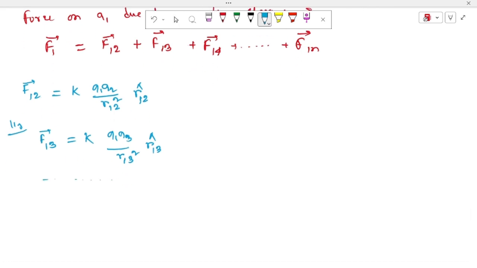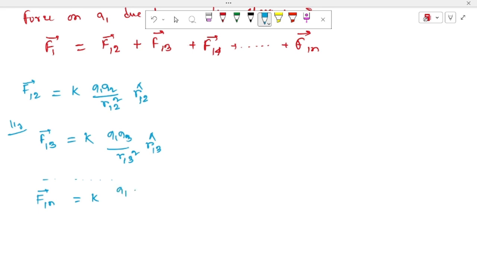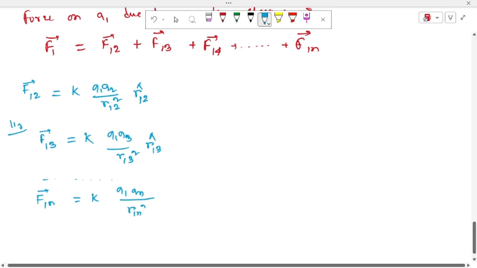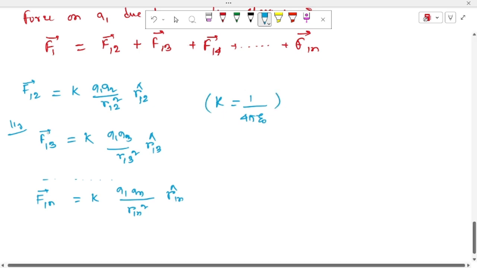Then dot, force due to nth in 1 is equal to constant K, which is 1 by 4 pi epsilon naught, Q1 Qn by R1n square R1n cap, where K is 1 by 4 pi epsilon naught, right?